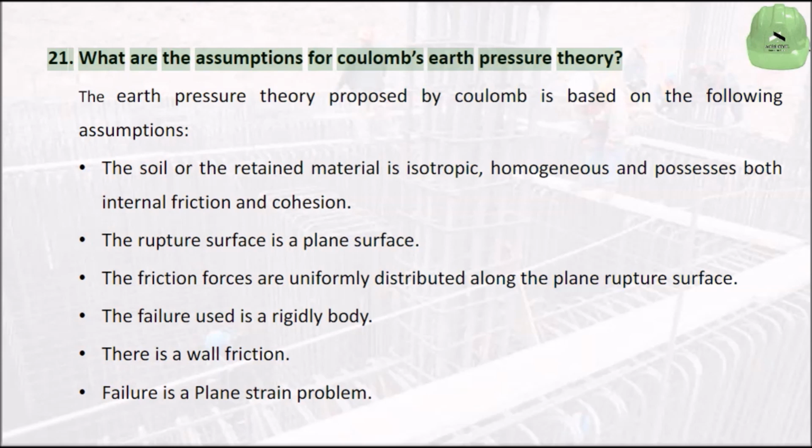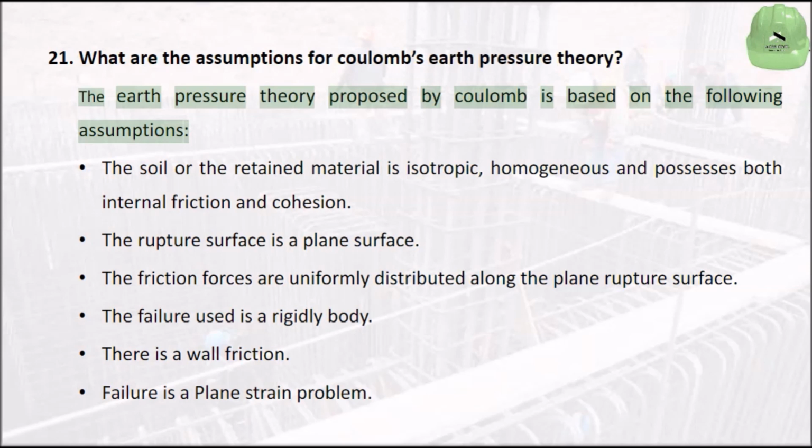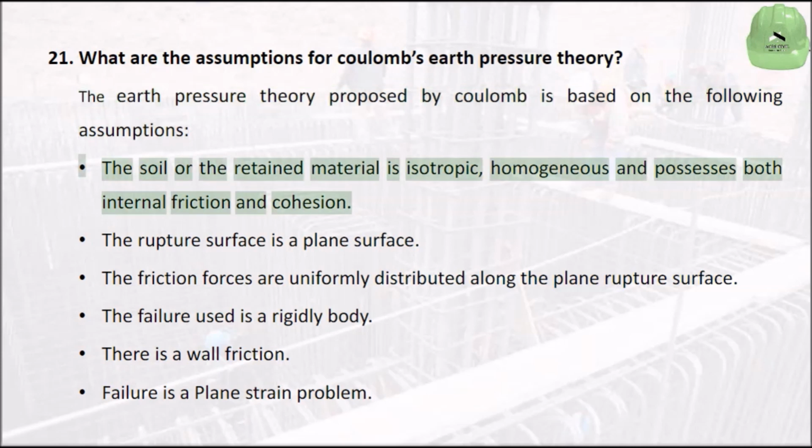What are the assumptions for Coulomb's earth pressure theory? The earth pressure theory proposed by Coulomb is based on the following assumptions. The soil or retained material is isotropic, homogeneous, and possesses both internal friction and cohesion.